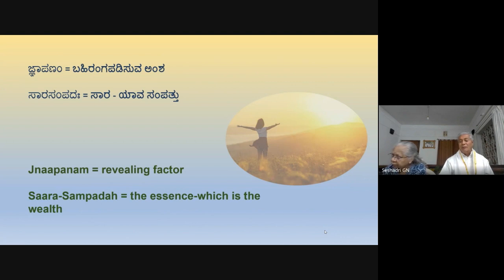We have been, I think, going through an innumerable number of janmas. First, from the unicellular, we have covered 84 lakh species. And then after getting into human life, innumerable janmas have happened, all because of our own karmas. It has accumulated.